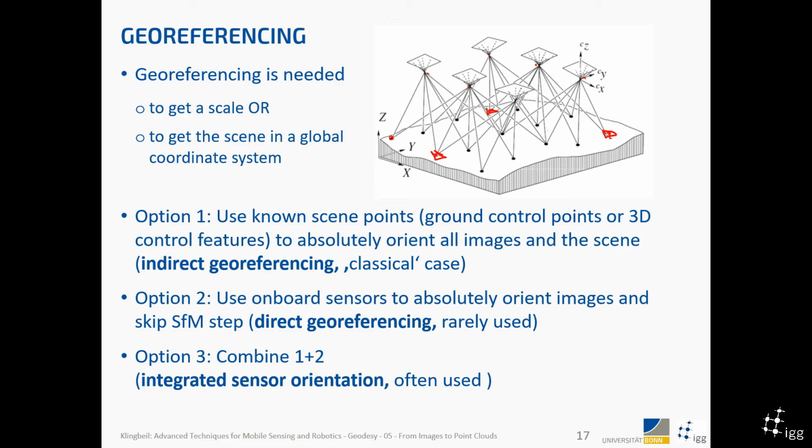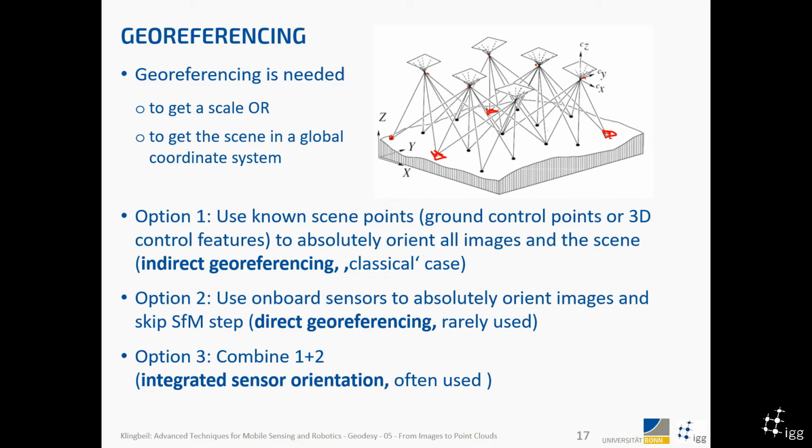Option two is that we use the onboard sensors, like of the drone, to absolutely orient images. It actually even means that we don't do any SFM, right? So it means that we measure the full pose of the camera and then directly use this to reconstruct the 3D environment from the images.